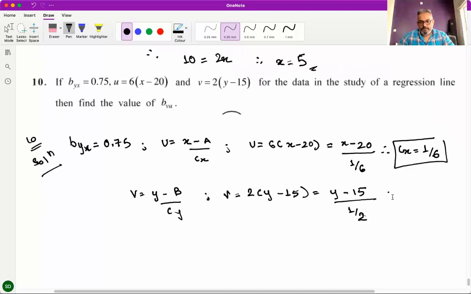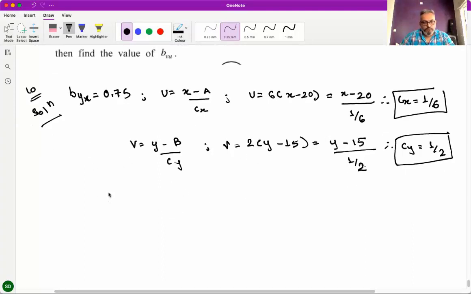Now, therefore, C of y is equal to 1 by 2. Now, we have C of x, C of y, b y on x, we find b v on u.